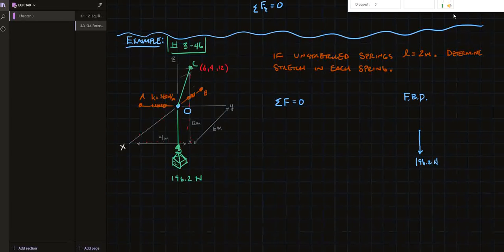I'm going to have a force in the x direction, I'll call it force B. I'm going to have a force in the y direction, call it A.